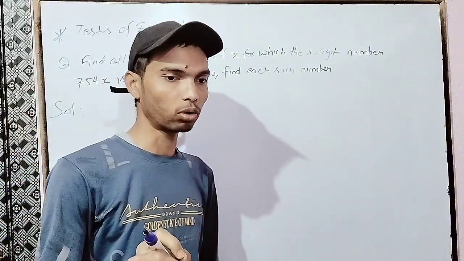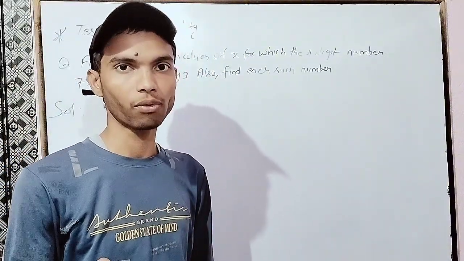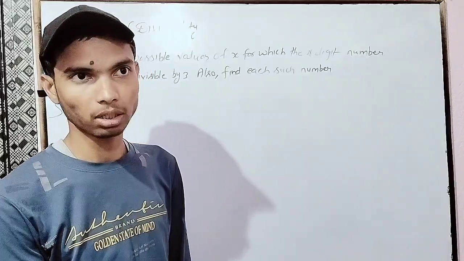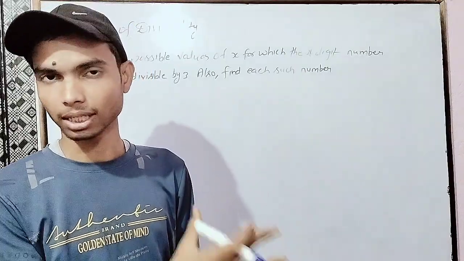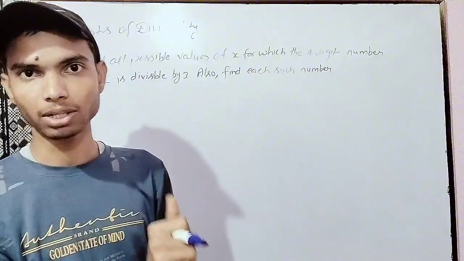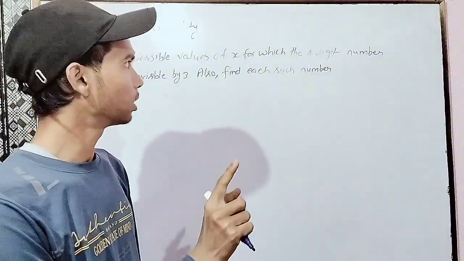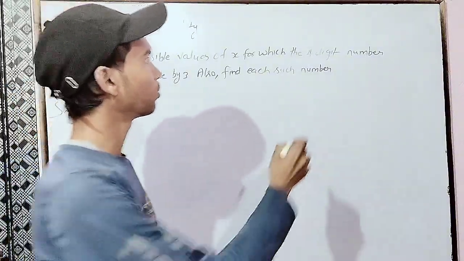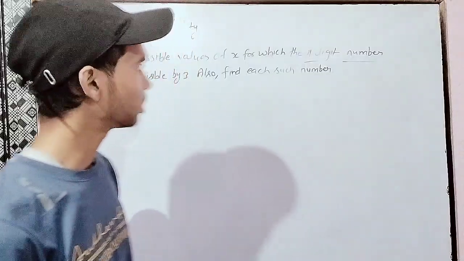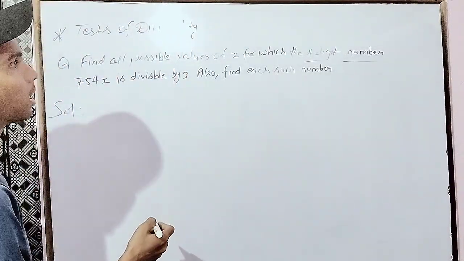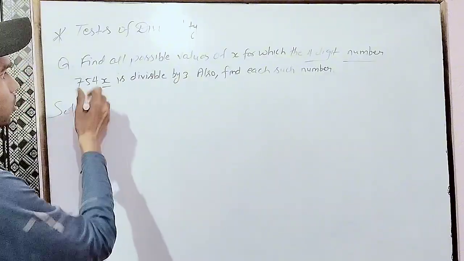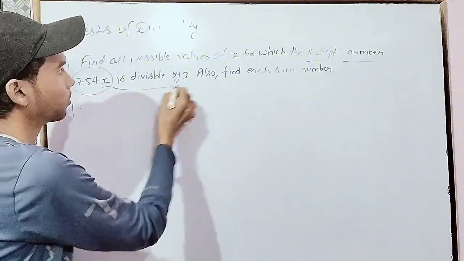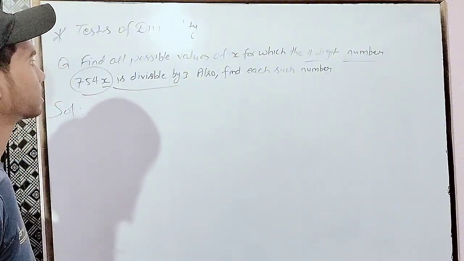If the value put in place of x makes the number divisible by 3, then that digit is the answer. So which digits in place of x will make this number divisible by 3?